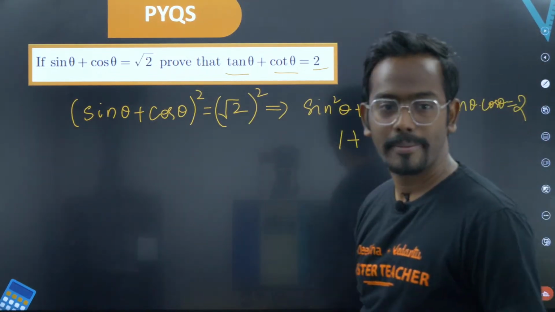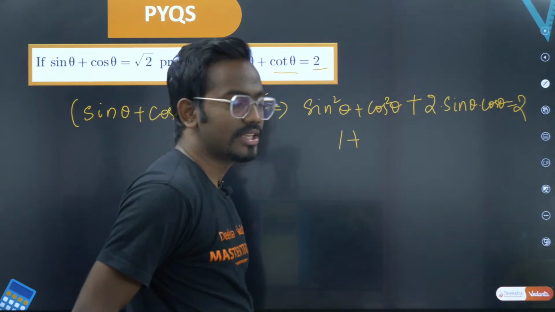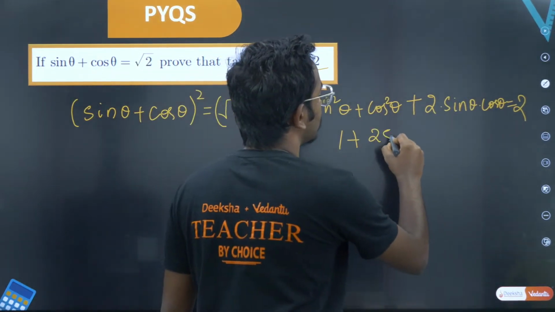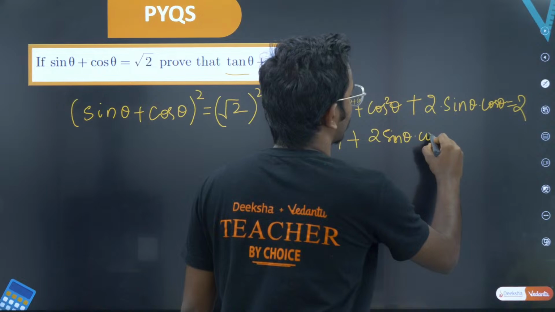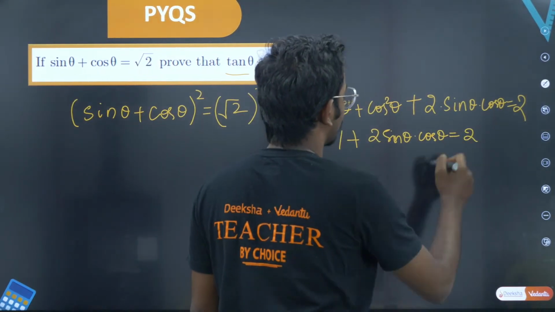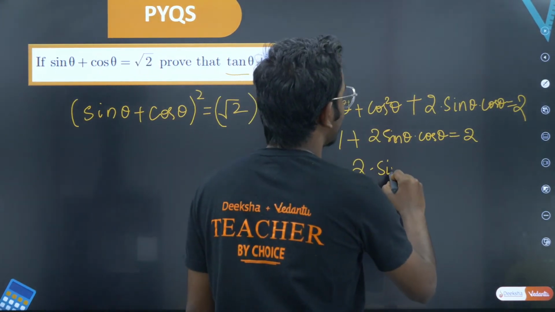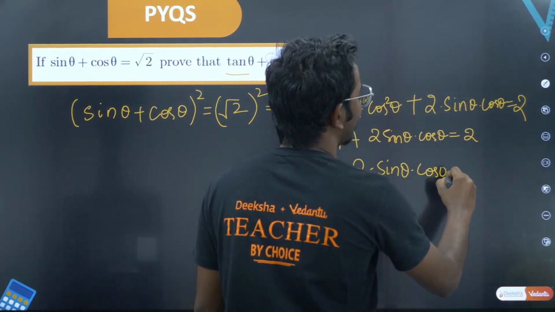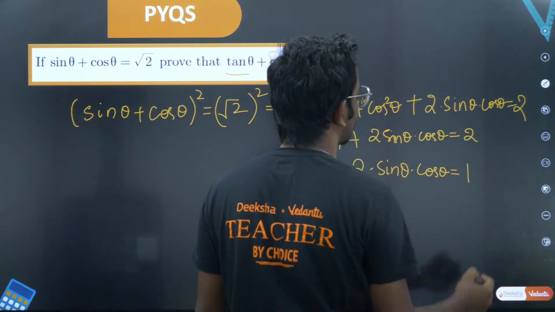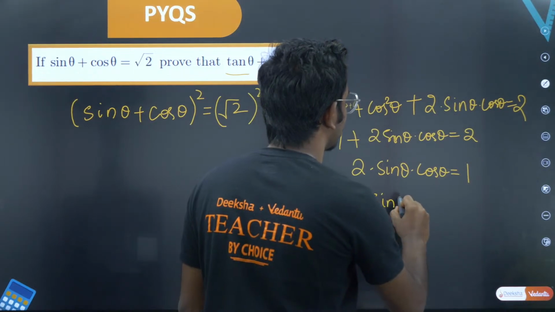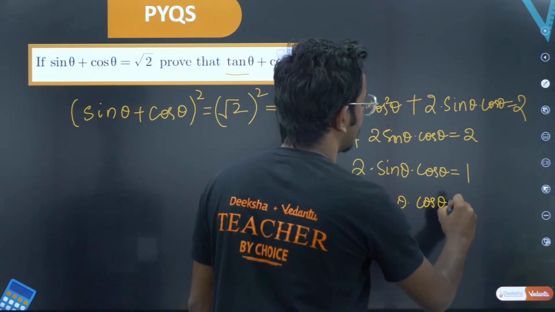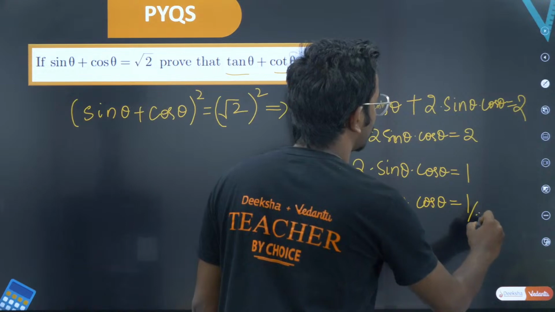You will end up with 1 plus 2 sin theta cos theta is equal to 2. So 2 times sin theta cos theta is equal to 2 minus 1, that is 1. So sin theta into cos theta is equal to 1 by 2.